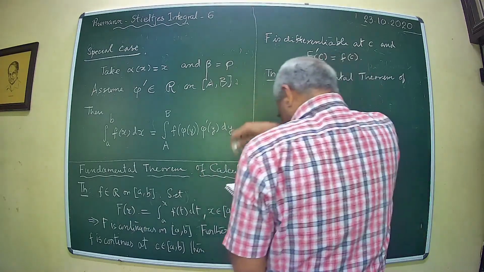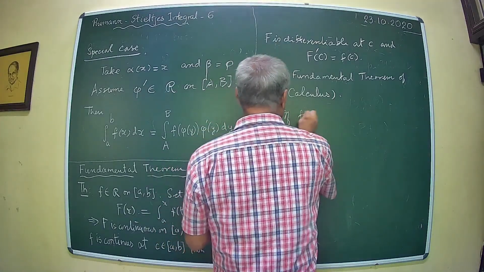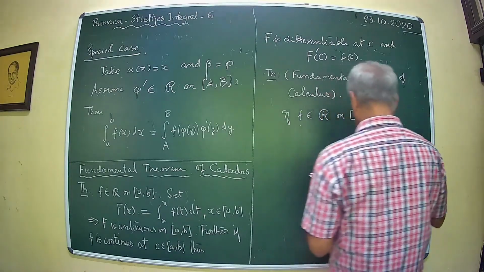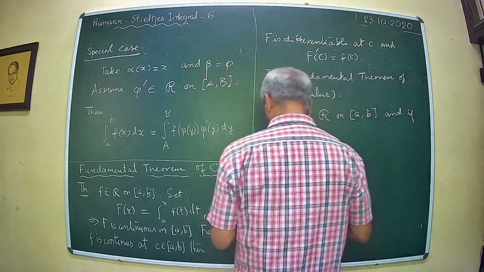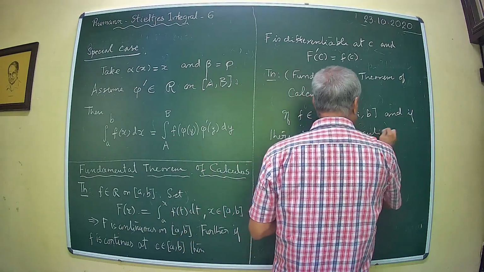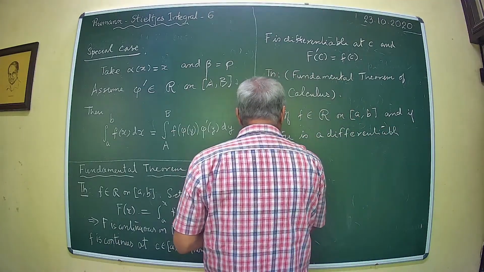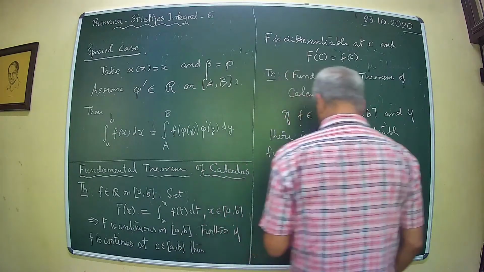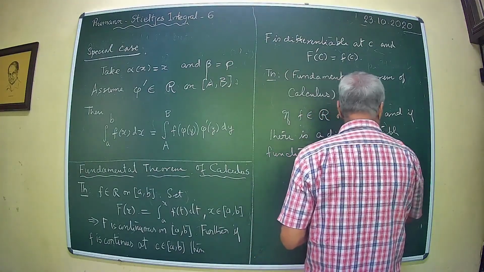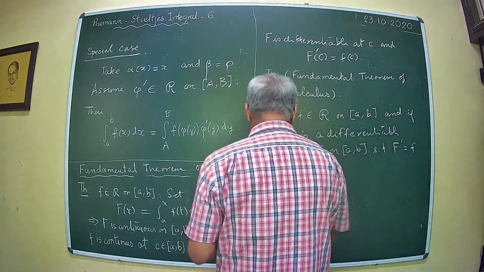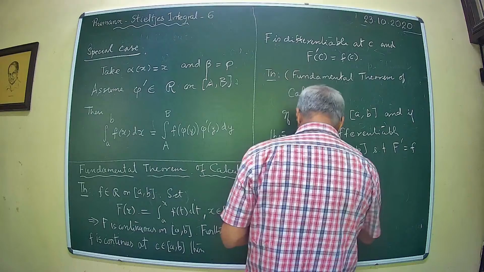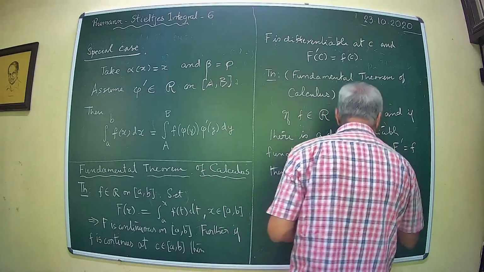If f belongs to the Riemann integrable functions on AB and if there is a differentiable function capital F on AB such that F derivative equal to small f, then the integral a to b of f(x) dx is given by F(b) minus F(a).